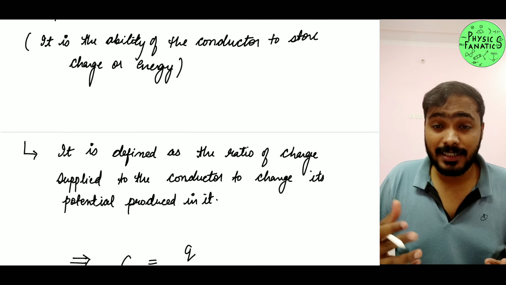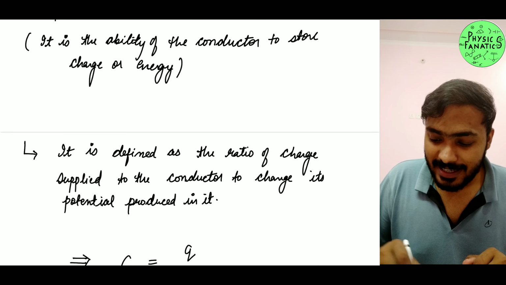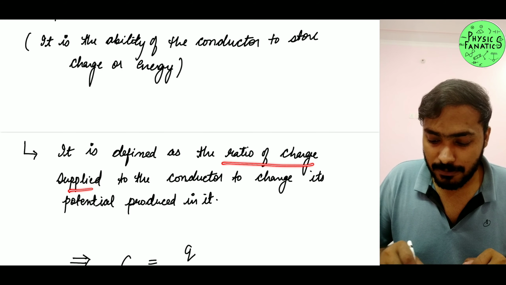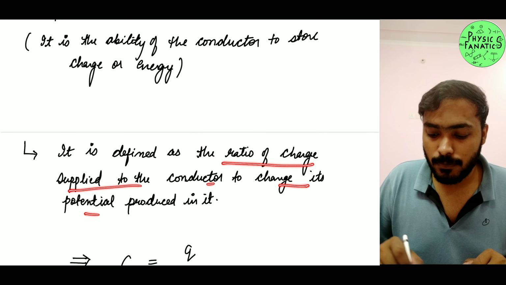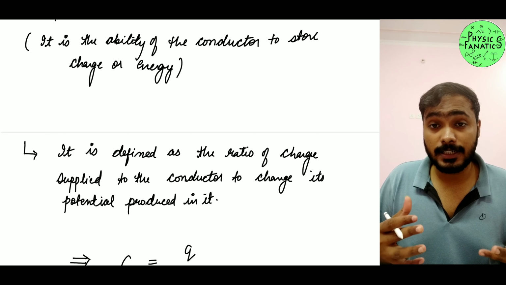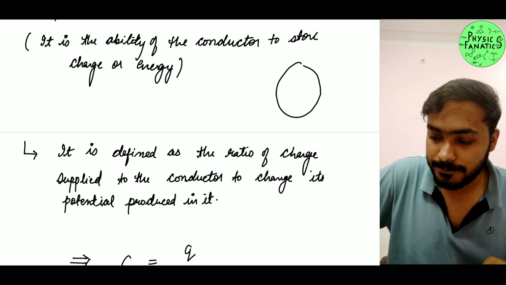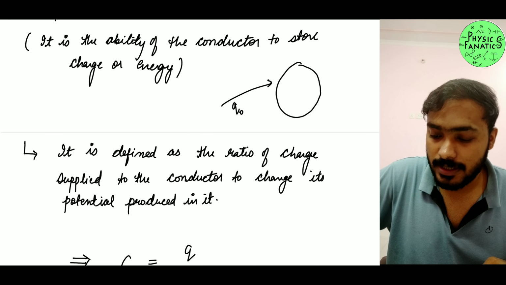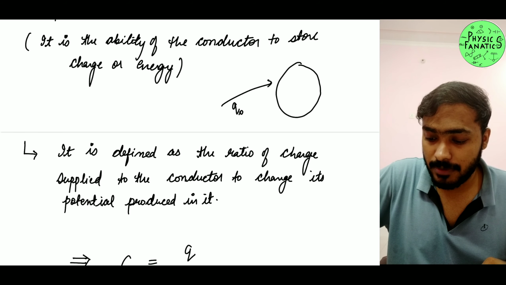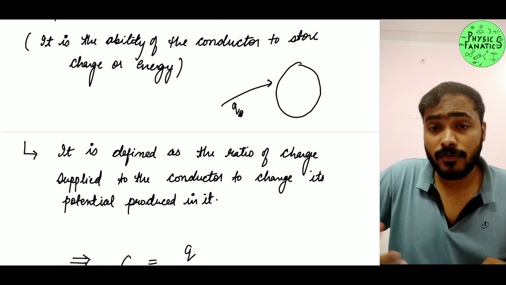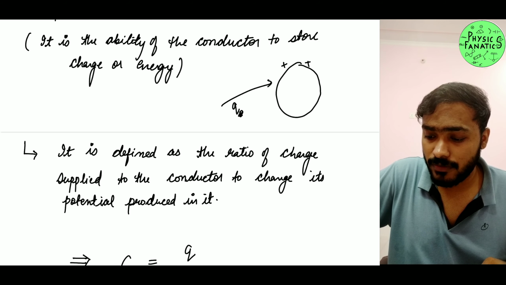Mathematically it is defined as the ratio of charge supplied to the conductor to the change in potential produced in it. Let's say I have this conductor, and I'm giving it some Q charge. The moment I give it some Q charge, all of the Q charge will be distributed at the surface.